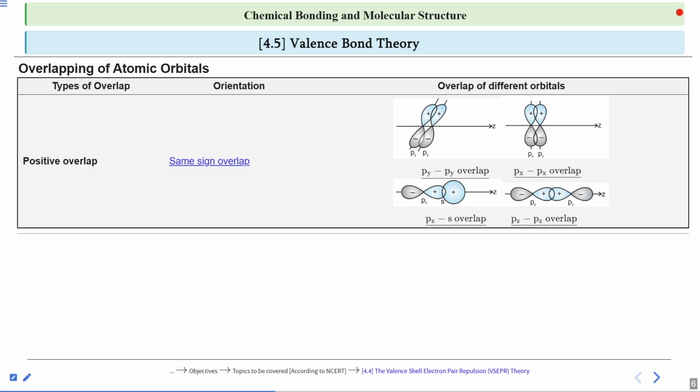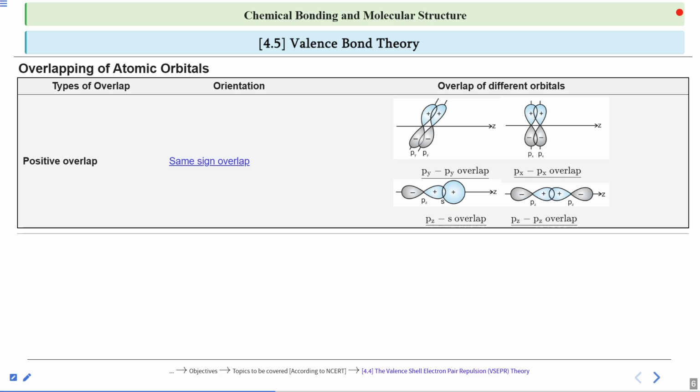Similarly, you can think of the px orbitals. Here you can see that two px orbitals are combining with each other in the same phase to give the sigma bond. Then coming to the third picture, this overlap is not among the same kind of orbital. Instead, we have overlap between an s subshell and a p orbital. Simply say s orbital and p orbital.